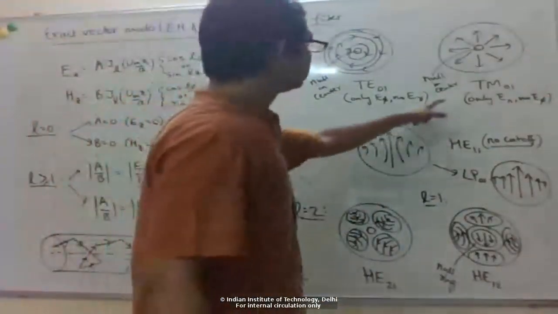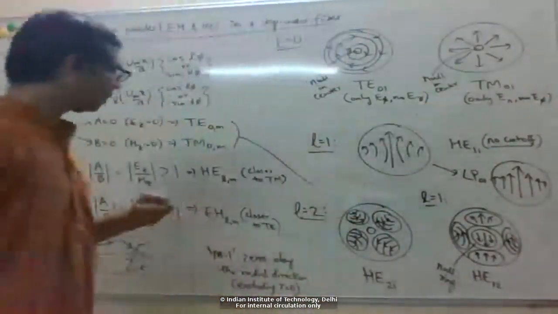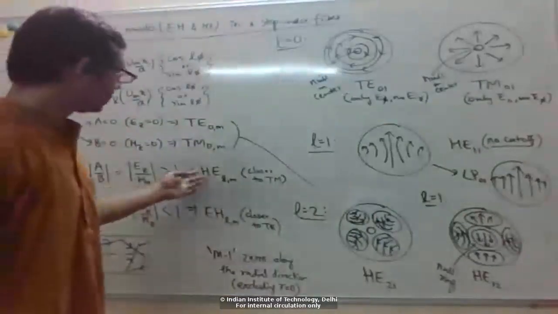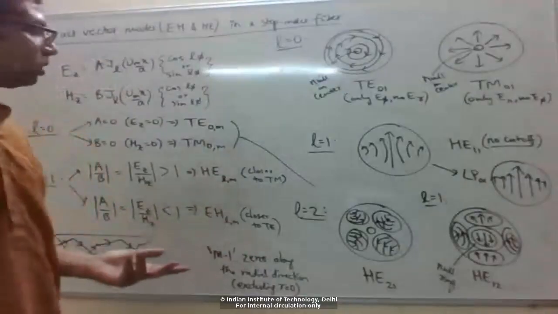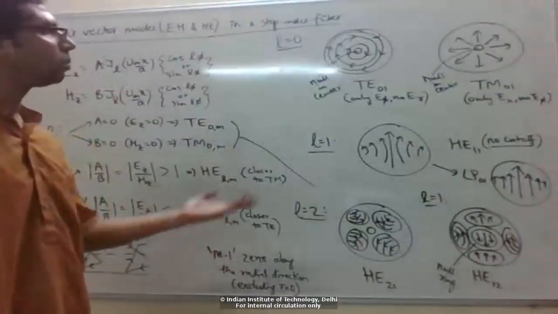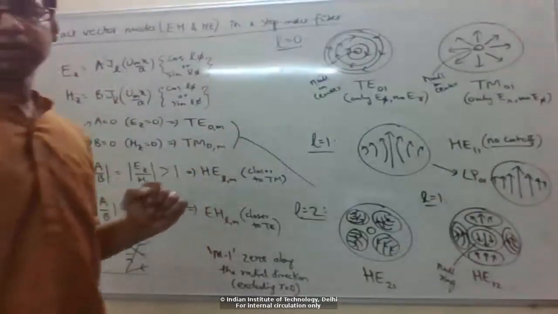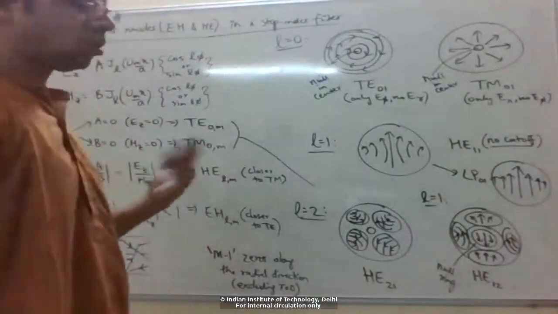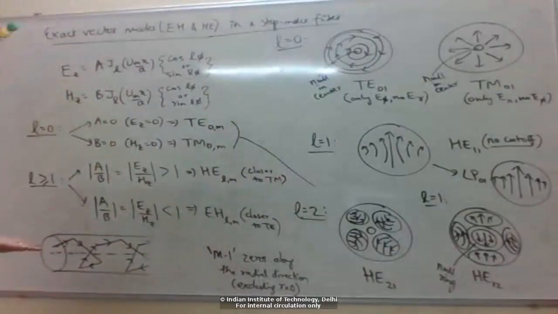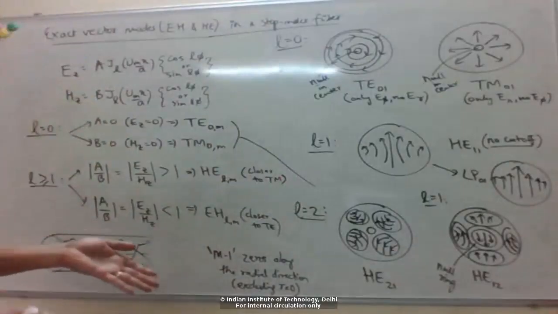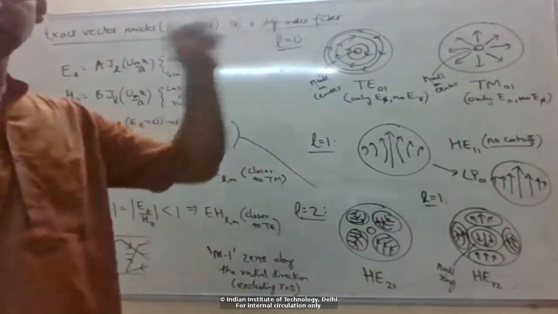EH is different from HE, and different L and M are different modes, which means each of them has a different propagation constant beta. So again, going back to the orthogonality of the modes, they're all different modes, and you can't just add them up, because their phase factors will be different.